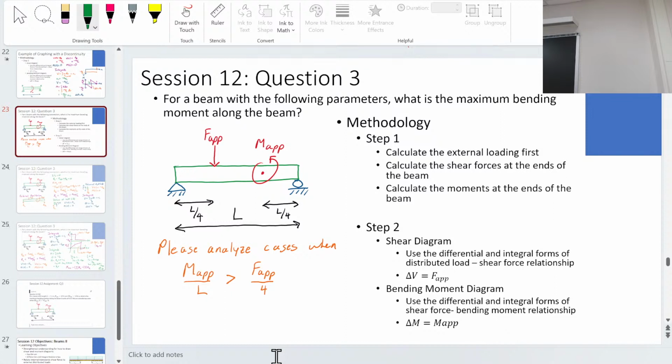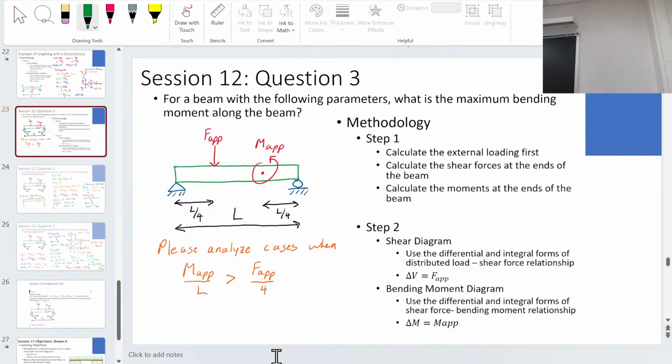So we're still going to keep y positive going up and negative going down. What will change is that the bending moment will be negative or positive.